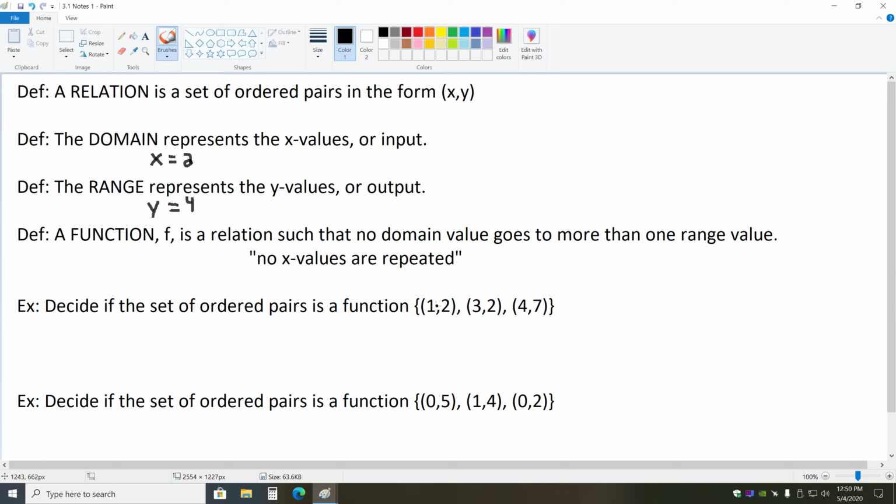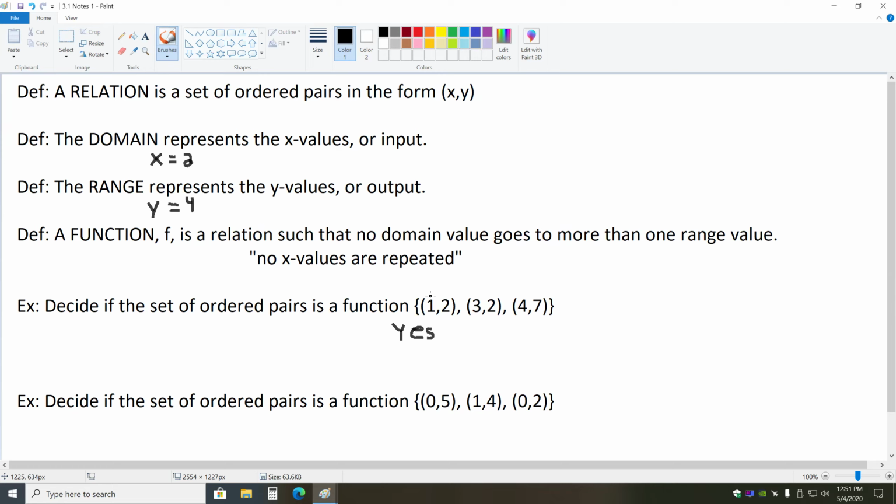We have the set that contains the points (1, 2), (3, 2), and (4, 7). Take a moment, think about what our definition for a function says and if this is a function. So in this case, yes, this is a function. It is perfectly okay to repeat y values, but you cannot repeat x values.